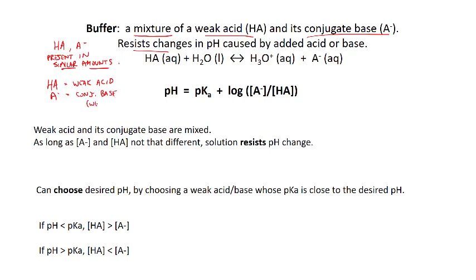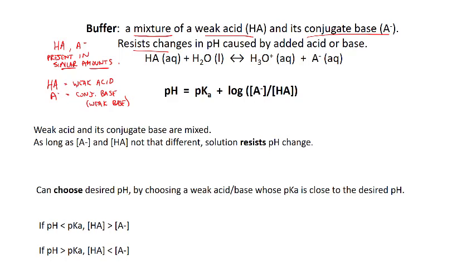But a point I want to make here is that the conjugate base is also going to be a weak base. So I know if you think back to Chem 126 and 129, they teach you, oh, well, the conjugate base of a weak acid is a strong base, and the conjugate base of a strong acid is a weak base. The whole point here is that it's all relative, right?